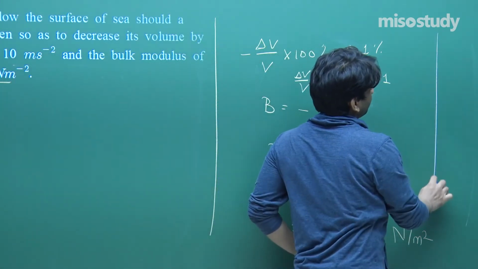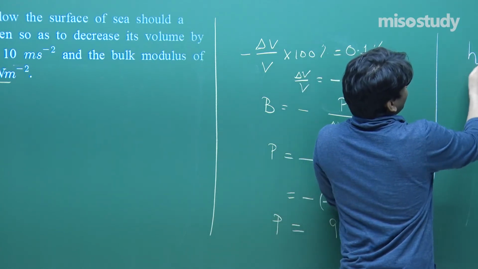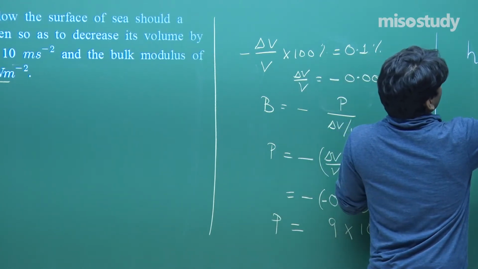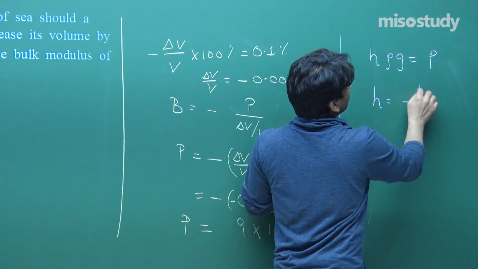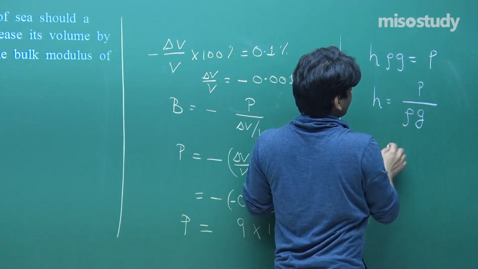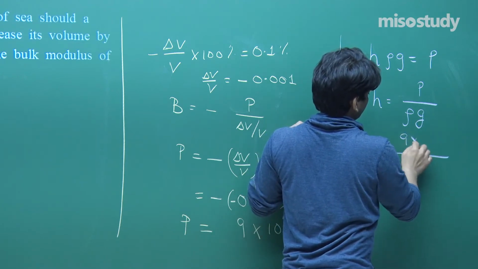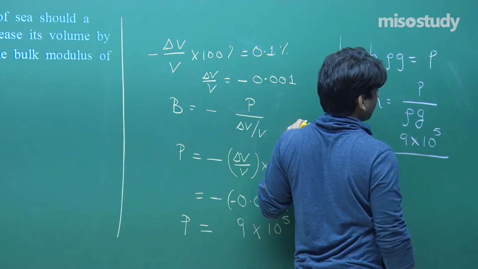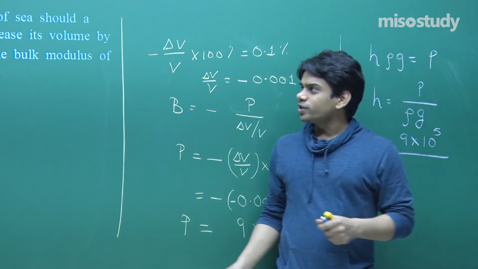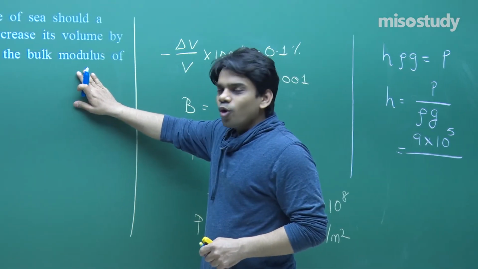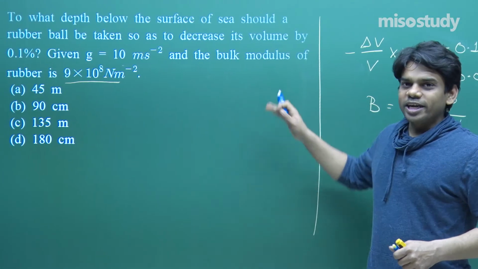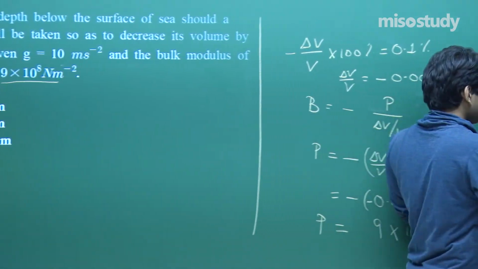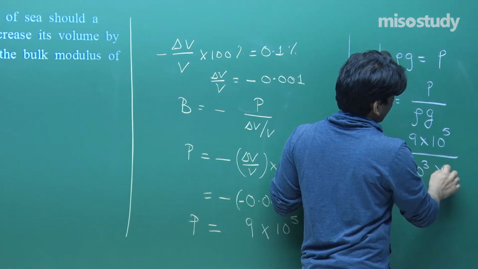Now let me write down, can we write this as h rho g is equal to the value of pressure? Now clearly height will come out to be pressure upon rho g. Pressure is 9 into 10 to power 5, this is what we have obtained. Rho, the rho of water, because we have to check for the water, that will be 10 to power 3, and acceleration due to gravity will be 10.